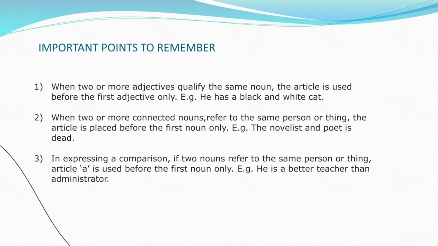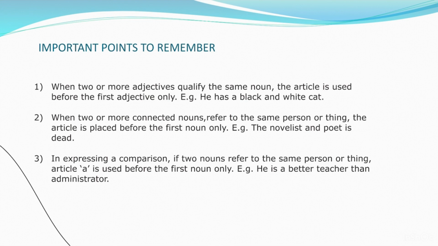Okay. Next rule. In expressing a comparison, if two nouns refer to the same person or thing, article a is used before the first noun only. For example, he is a better teacher than administrator.